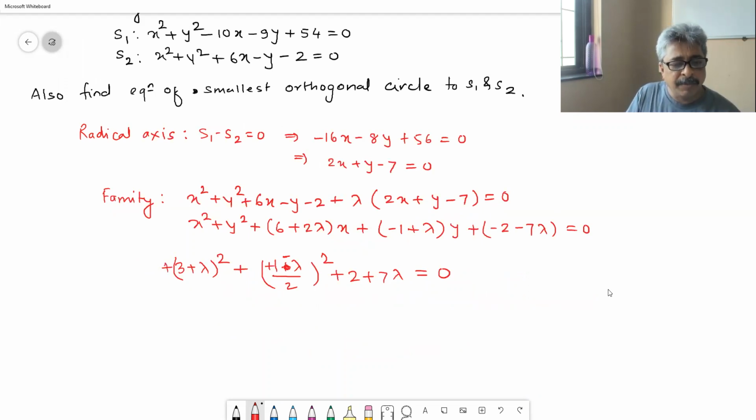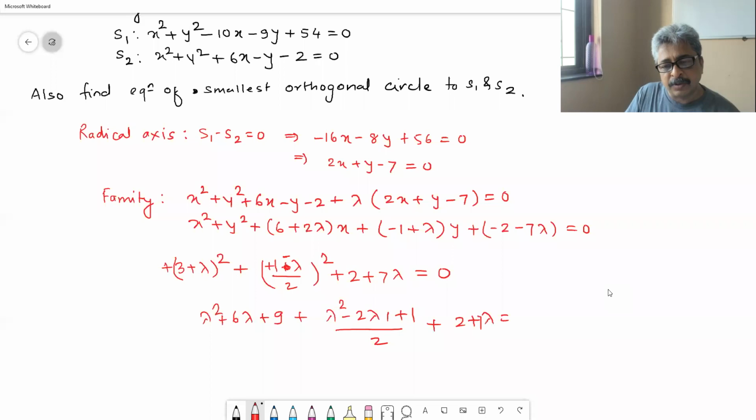So lambda square plus 6 lambda plus 9, that is the first part, plus lambda square minus 2 lambda plus 1 whole divided by 4, plus 2 plus 7 lambda is equal to 0.